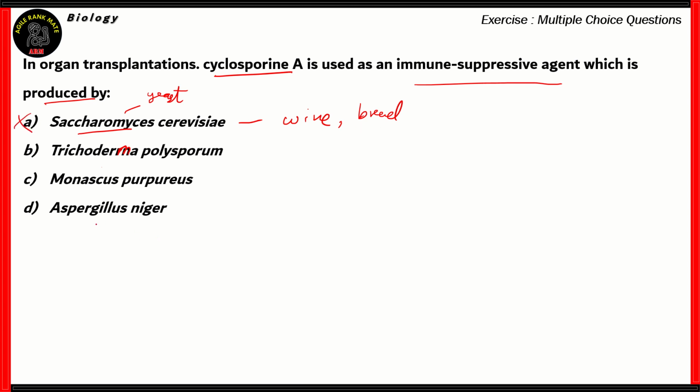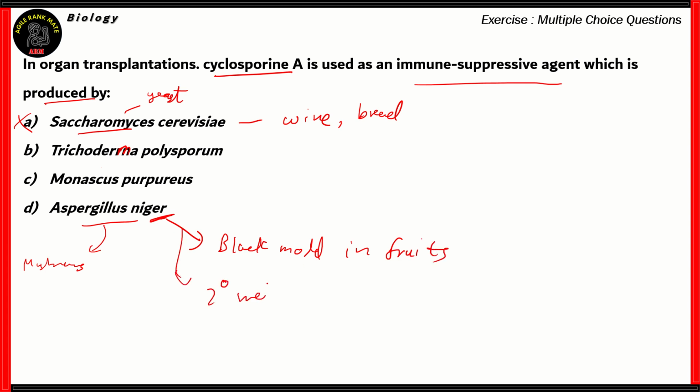What about option D, Aspergillus niger? Aspergillus is a genus of fungi, some of which are responsible for mushrooms. However, Aspergillus niger is particularly responsible for creating the black mold found on fruits. It's also used as a secondary metabolite producer in various bioreactors, so therefore option D again is incorrect.